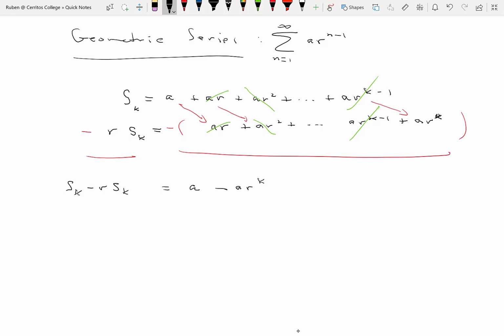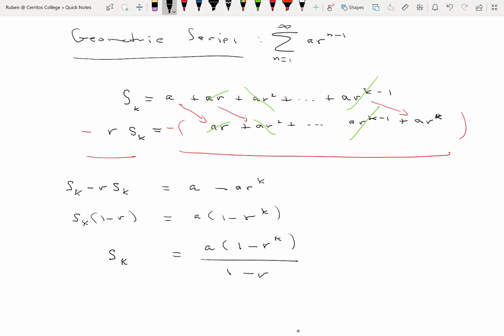Left-hand side, factor out the S sub k: 1 minus r. Right-hand side, factor out the a. A little bit of algebra. Divide both sides by 1 minus r. So that gives us the sum of the first k terms, the first k orders of pizza, collapses into a times 1 minus r to the k over 1 minus r.